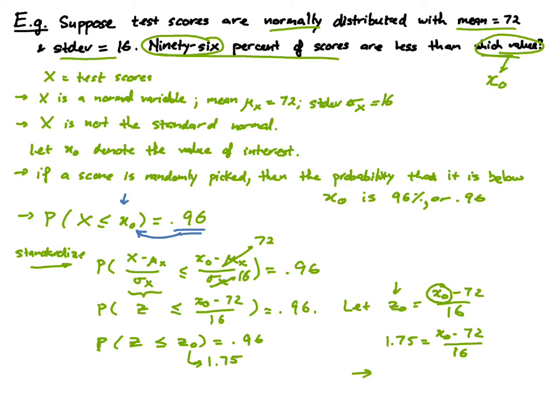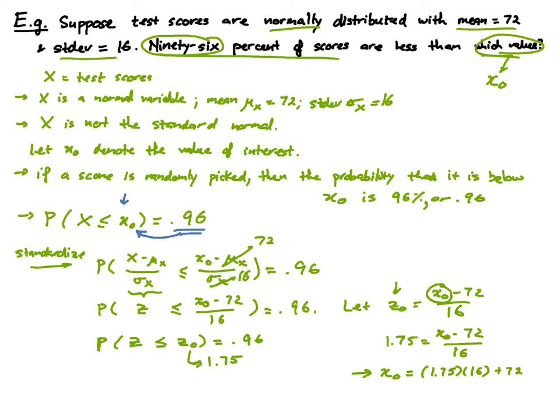I'm going to let you do the math here, but well, let me just do it. It's rather easy. You multiply both sides by 16, so 1.75 times 16, and then you add 72 to both sides. If you do that, you isolate on the right hand side X0 by itself and all the numbers on the left hand side, and so you can do the math.